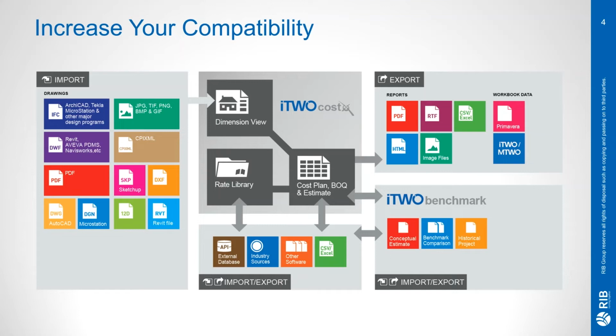For export, there are the reports that can be published in a PDF or exported to Excel, but we also provide an open API so that you can link and integrate costX with other pieces of the puzzle or other software that you might be utilizing for other functions.